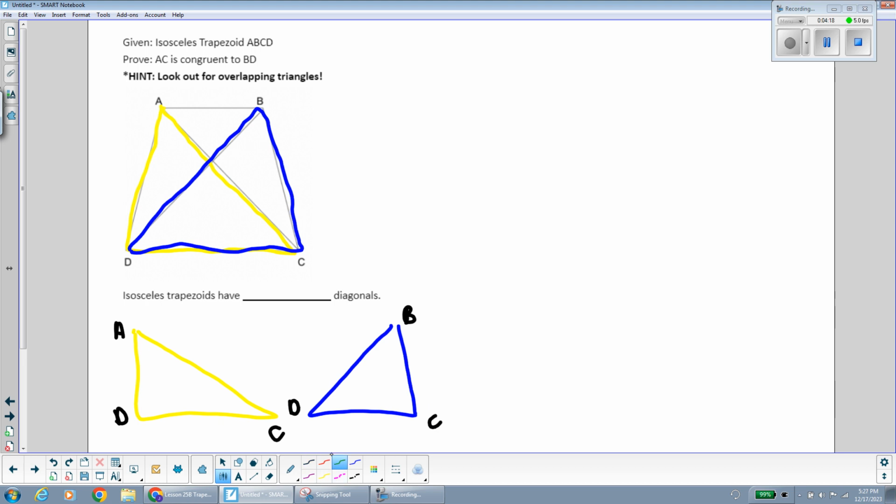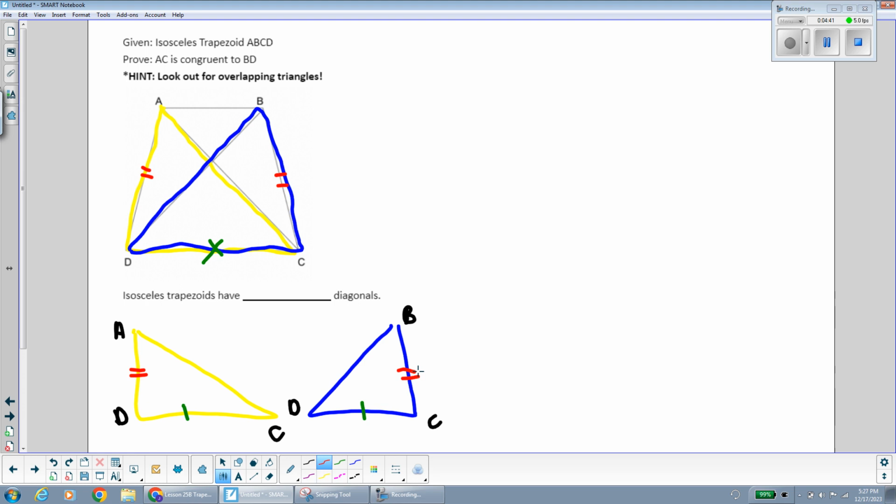When I have overlapping triangles, remember, I will always have a shared side. Here, DC is in both blue and yellow. And if we look at the separated triangles, DC and DC have the same two letters, so they're congruent to itself by reflexive property. We knew that we had an isosceles trapezoid here, so we know that the legs are congruent.